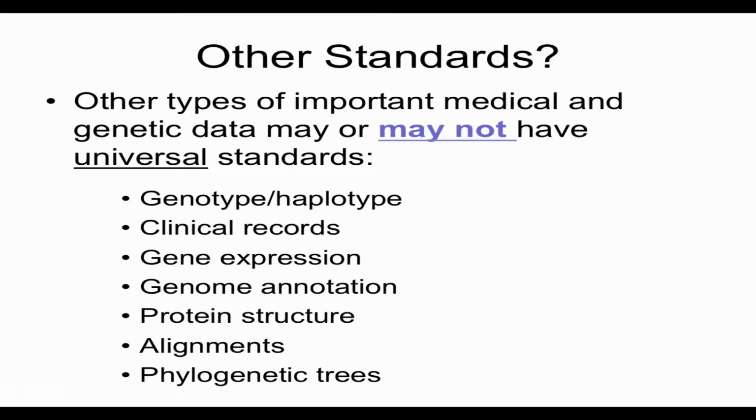Genotypes and haplotypes, clinical records, gene expression, genome annotation, protein structures, alignments, phylogenetic trees. Each one of these is like a big topic and an essay in and of itself, with a lot of history of science built into it. So in some cases, standards have evolved and come to dominate.